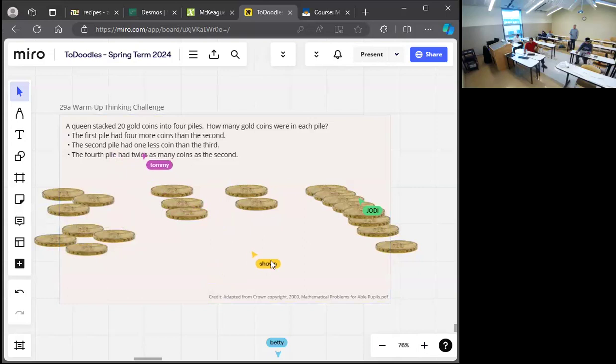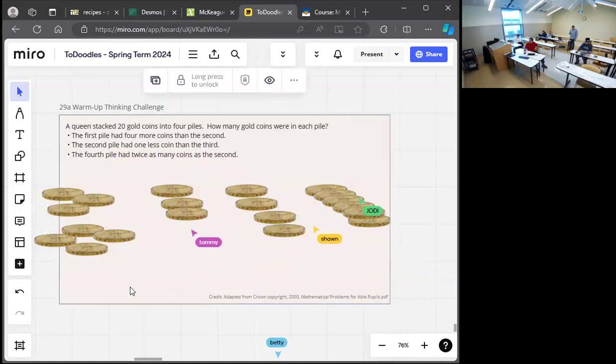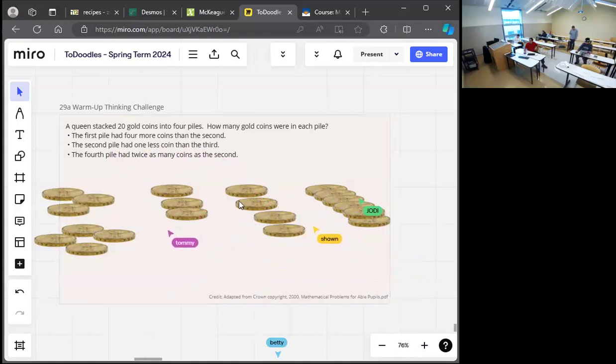And the third should have one more than the second, so we need more in the third. The second pile has 1 less than the third, 3 is 1 less than 4. And the fourth one has twice as many as the second pile. Is that true?